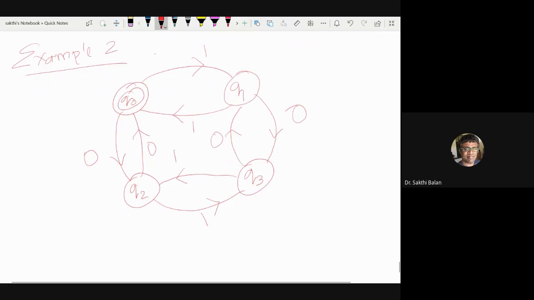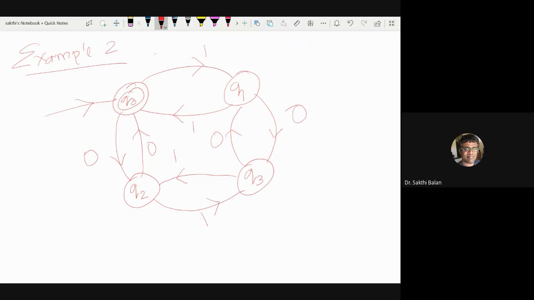Okay, so now let me make this thing very clear. Whenever you are drawing an automata, you need to label the states, you need to label the arcs also with the directions. You need to label every edge that is a directed edge with the input alphabet.